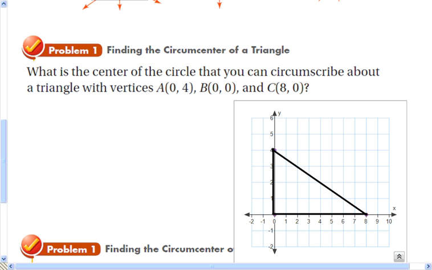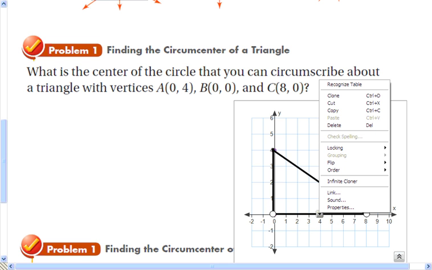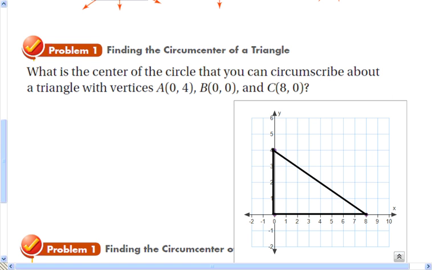So what I'm going to do is find the midpoint of each of the sides. The midpoint of this side is right here. So that's 4. And I can just draw a vertical line because the perpendicular bisector of that horizontal line will be a vertical line right there.